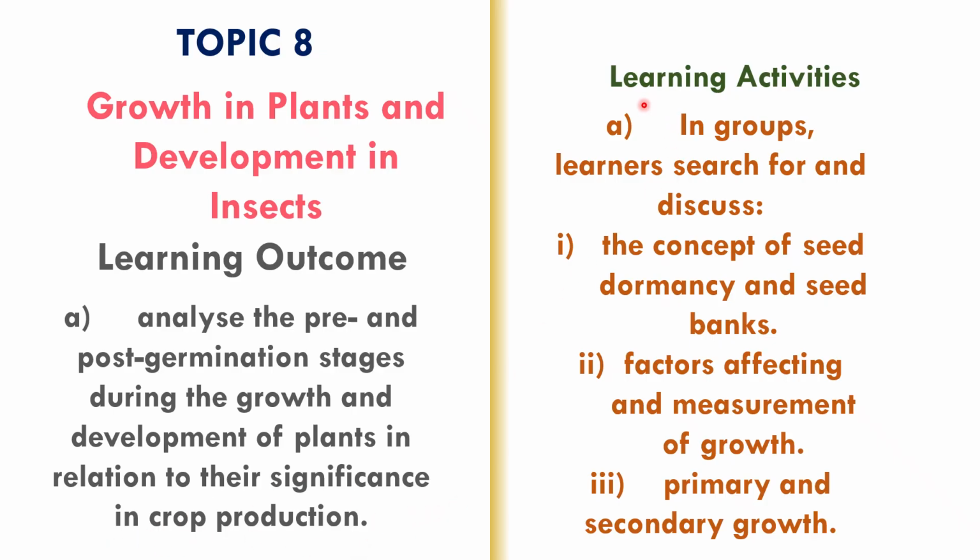We have been looking at learning activity A. In groups, learners search for and discuss: 1. The concept of seed dormancy and seed banks. 2. Factors affecting and measurement of growth. And 3. Primary and secondary growth.